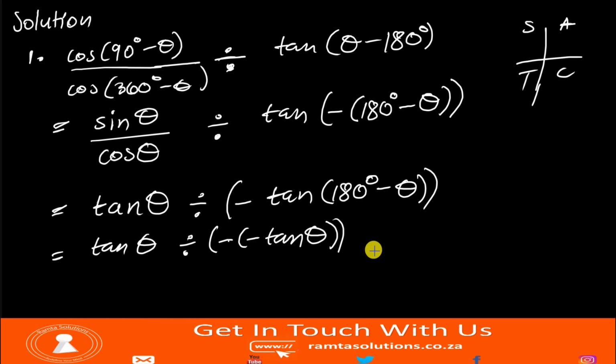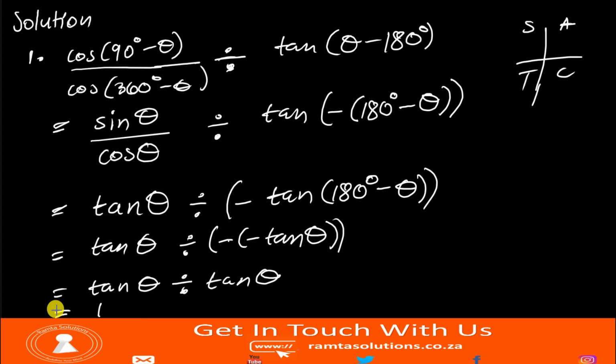I don't want to write this step, but because it's an introduction, I will write it so you don't get confused. So this will become tan theta divided by tan theta. Anything divided by itself is 1.